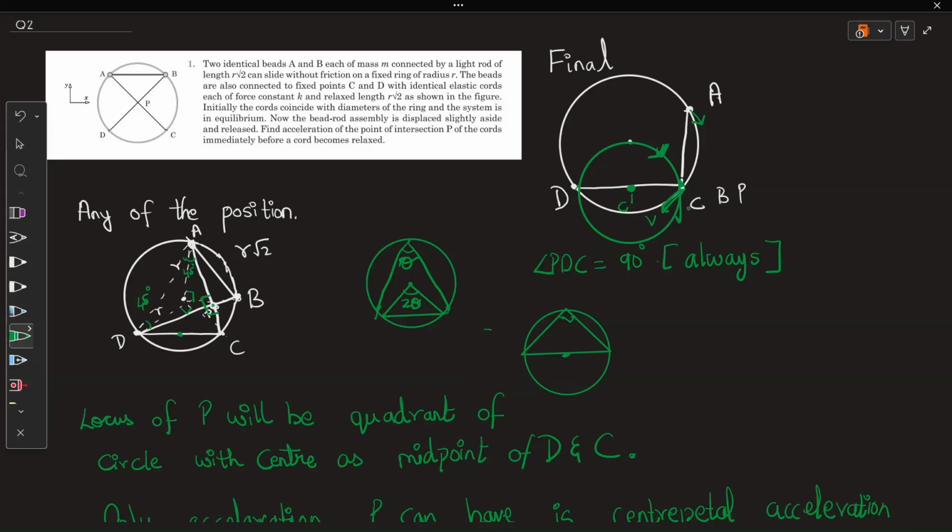Now, if you see clearly, we want this velocity in this direction. Let's call it v dash. So v dash is nothing but the component of v along this angle. This angle is 45 degrees, because this is a tangent over here, and this would be another 45, and this is 90. This is of course 90. So this should be the tangent to the big circle. So this is 45 and this is 45.